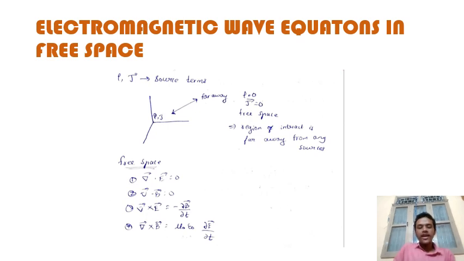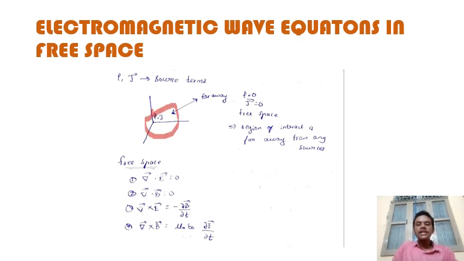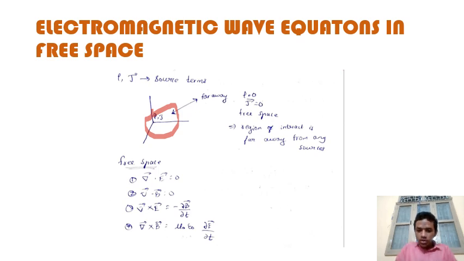Now, for electromagnetic wave equations in free space, we consider that the source terms rho and J are in a small region at the origin, and we analyze the electric and magnetic fields far away from those points. So rho is equal to 0 and J bar is also equal to 0 in free space.